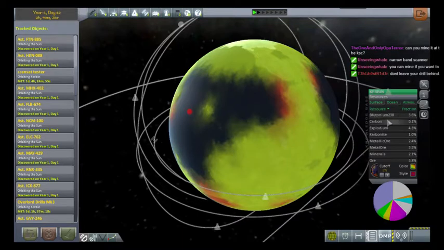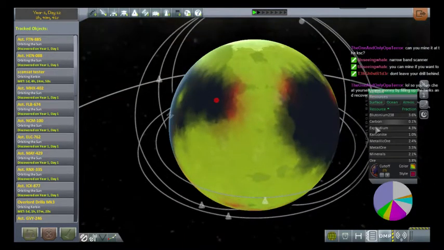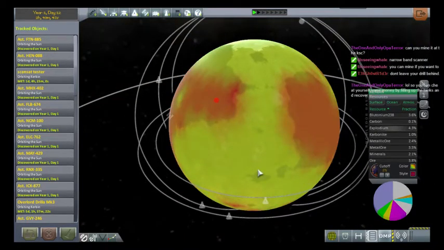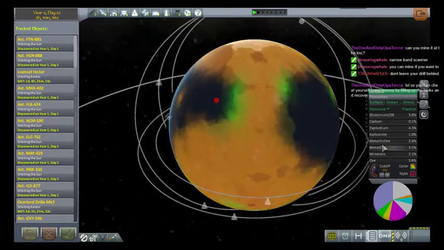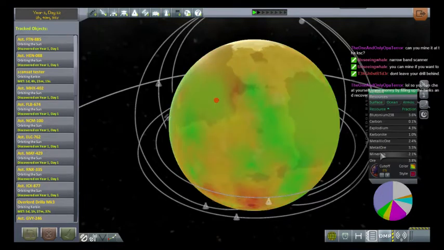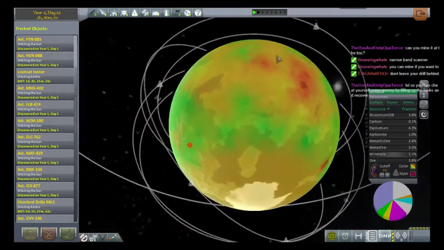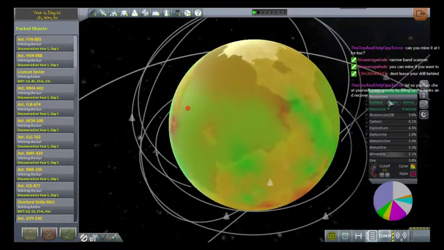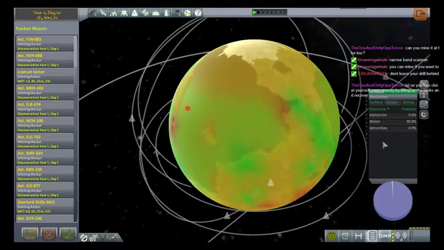So there's plutonium-238, carbon, explodium, somehow carbonite got in here, metallic ore we know about, metal ore, minerals, well we know about that, and again they cover the entire surface. Look for oceanic ones.